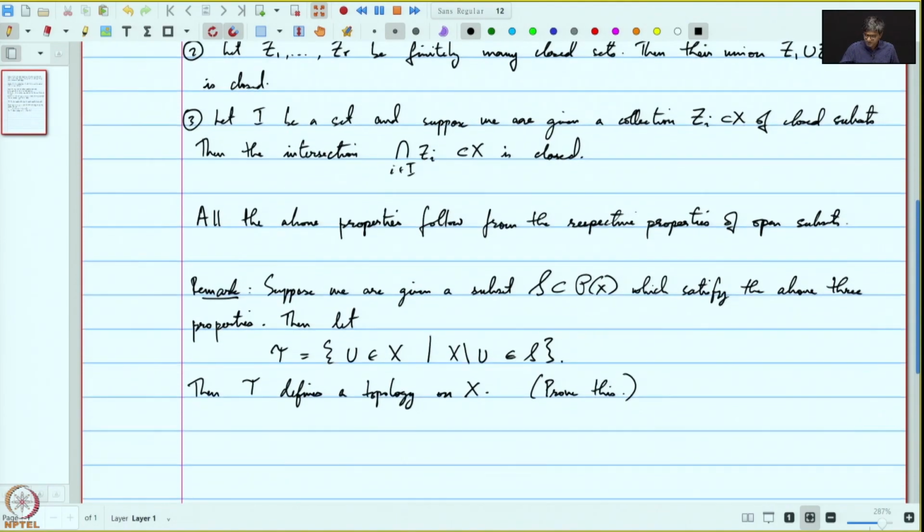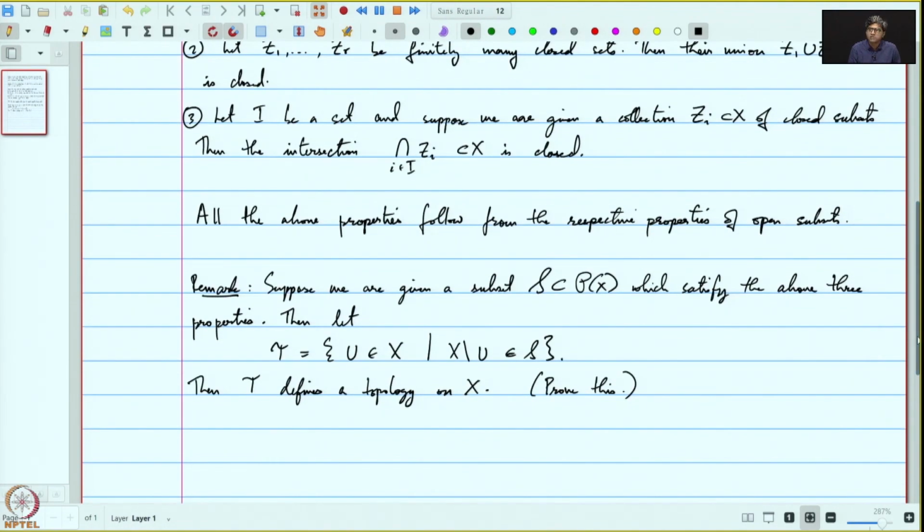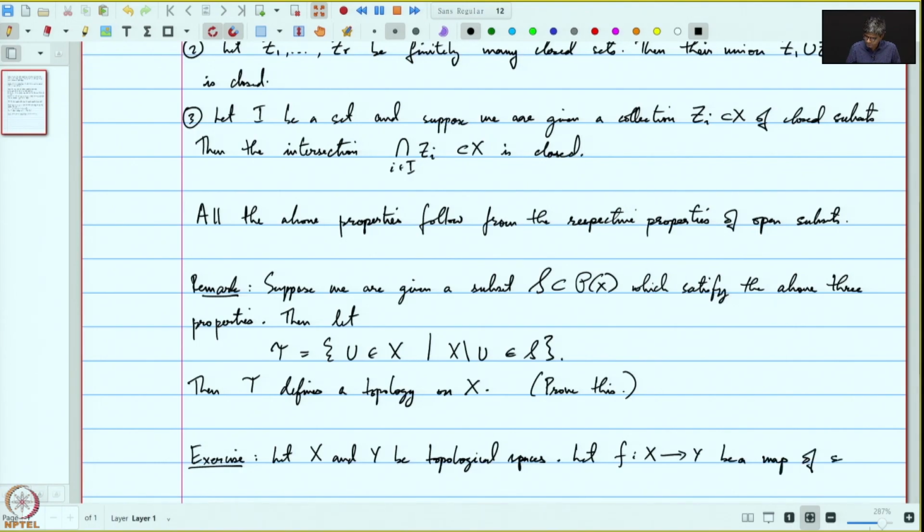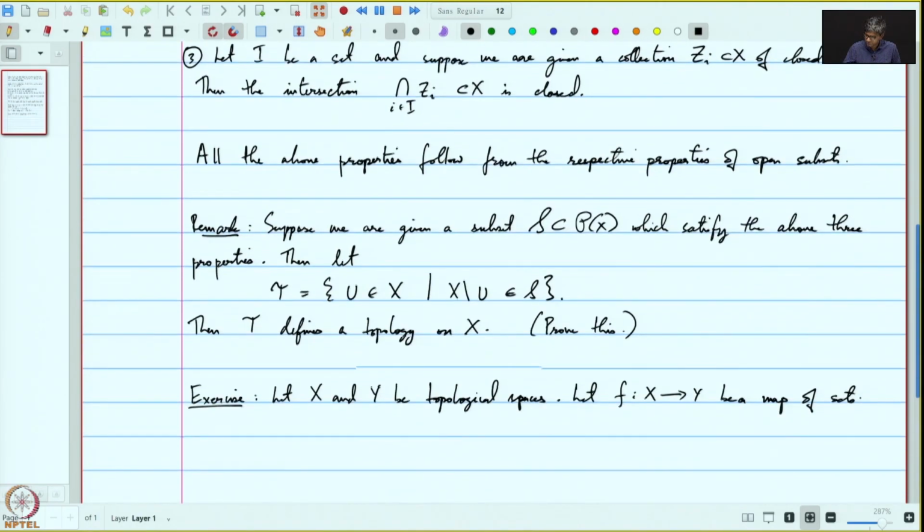And another simple statement, which is again left as an exercise, which just follows from the definition. Let X and Y be topological spaces and let F from X to Y be a map of sets. Okay.